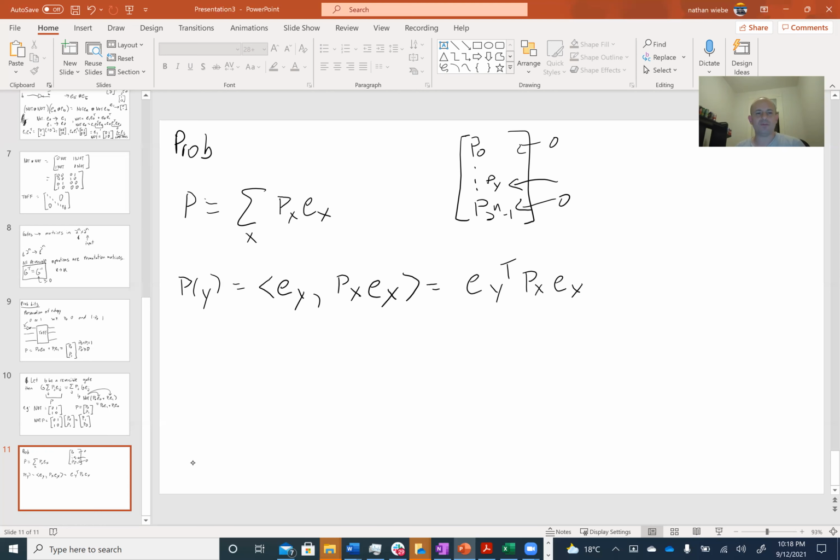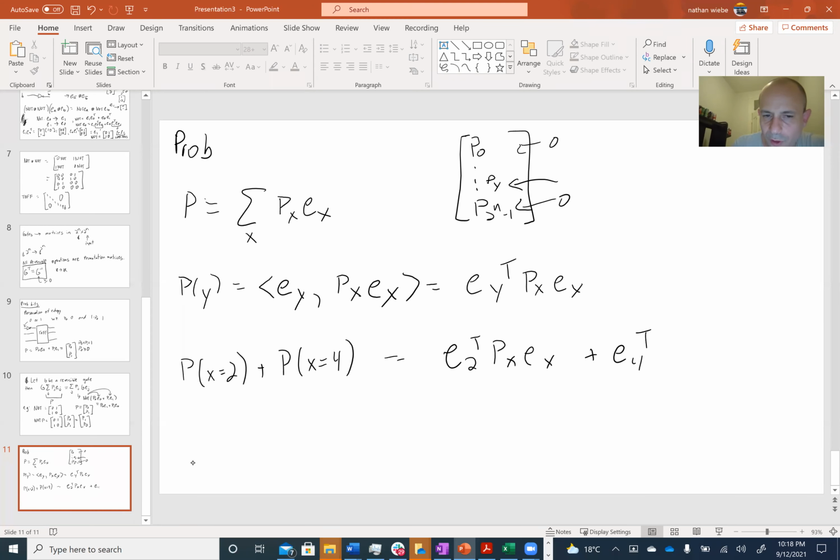So this is how we can figure out the probability of a given configuration. If we wanted to figure out, let's say, the probability that X is equal to 2 plus the probability that X is equal to 4, this would just be equal to E2 transpose sum PX EX plus E4 transpose sum PX EX.